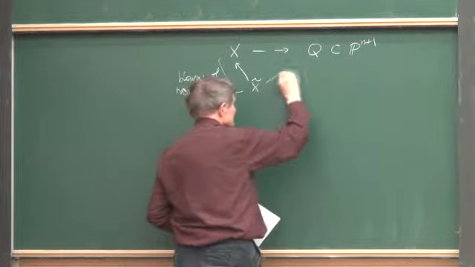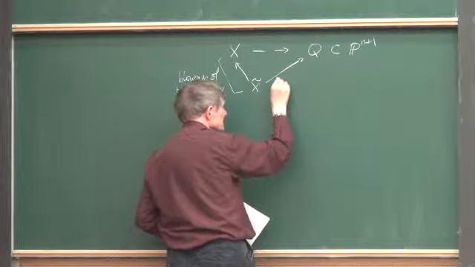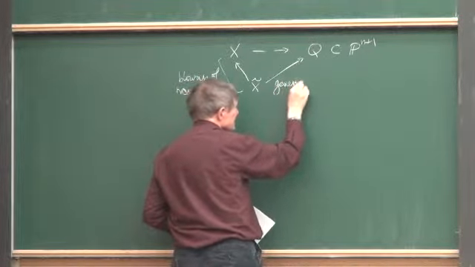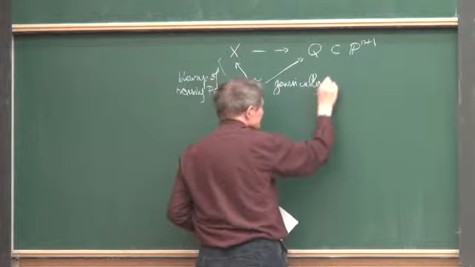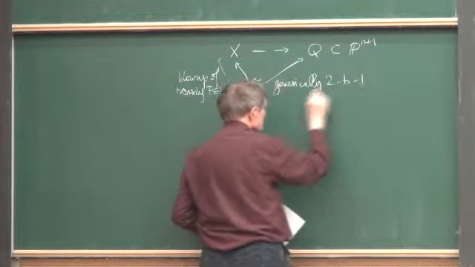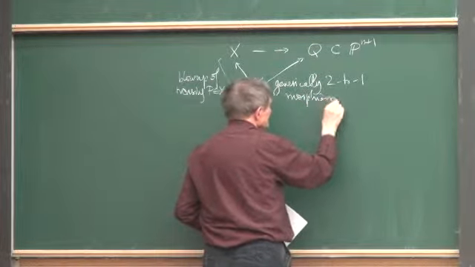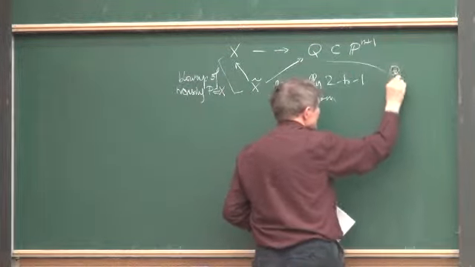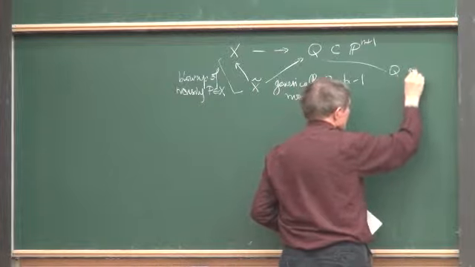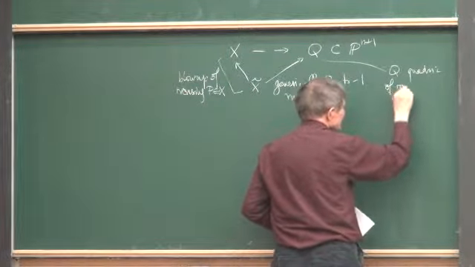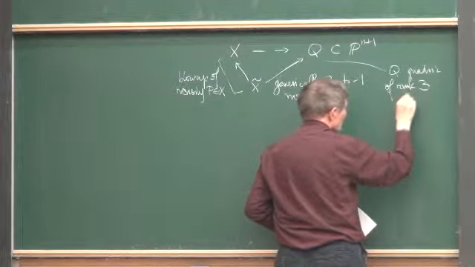And then this map here is a generically 2-to-1 morphism, and the Q is a quadric of rank 3 or 4.